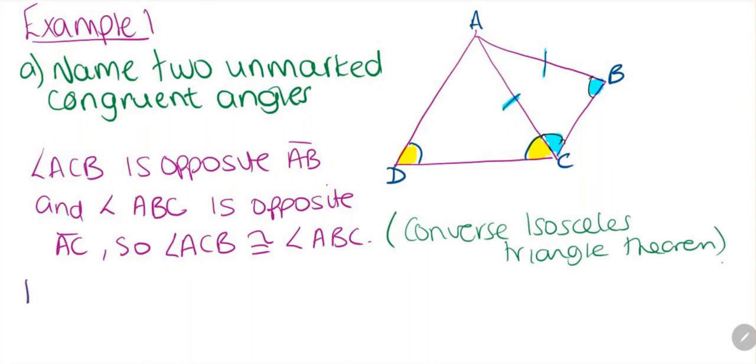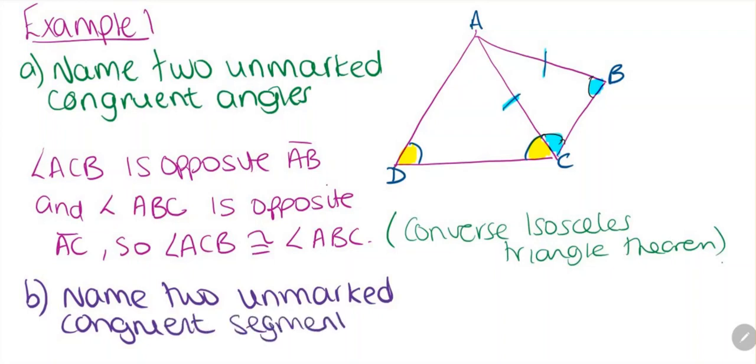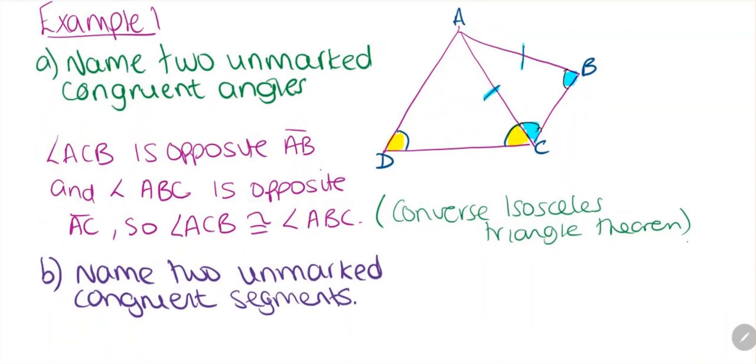So part B, name two unmarked congruent segments. So these here have been marked, so we can't use those. So we need to look at our angles. Now we can see we've got two angles here that have been marked.